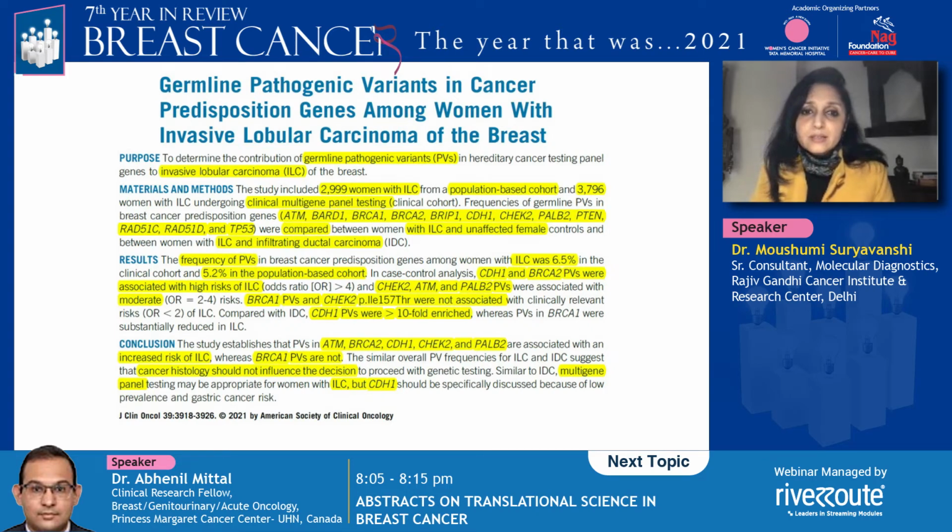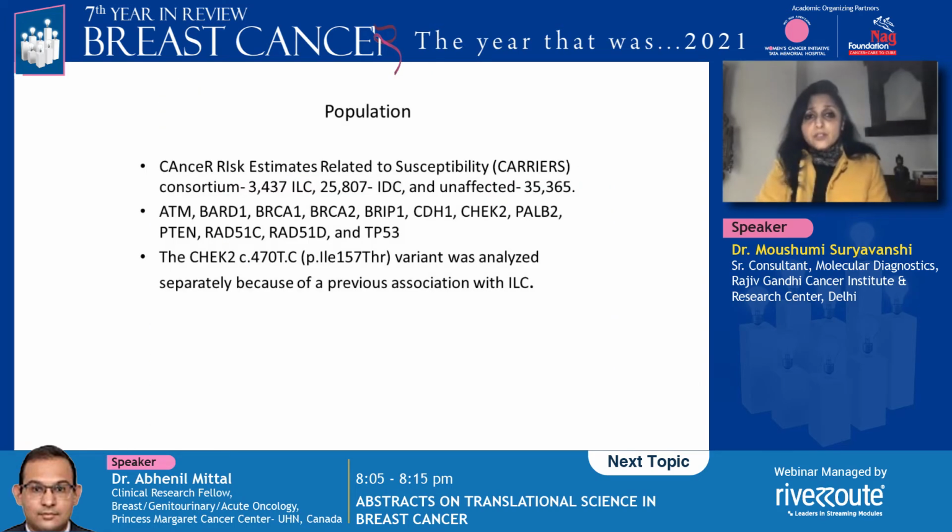number. And then these are the 9 genes which are compared, between the ILC and the IDC populations. Again, these are taken from the CARRIERS Consortium, and especially in CHEK2, this particular variant, c.470T>C, is compared because it has been published in some studies to be associated with ILC.